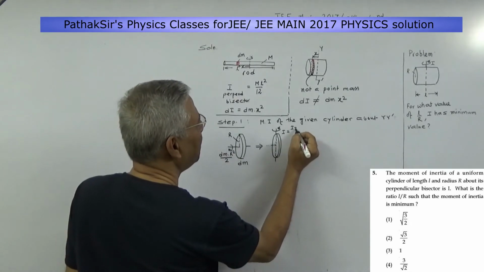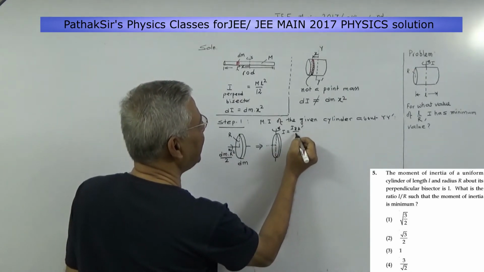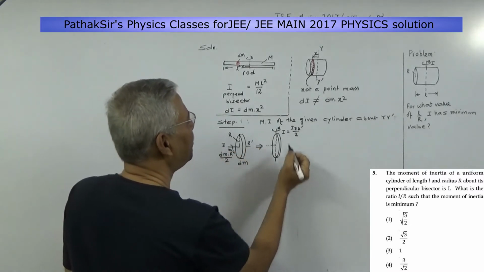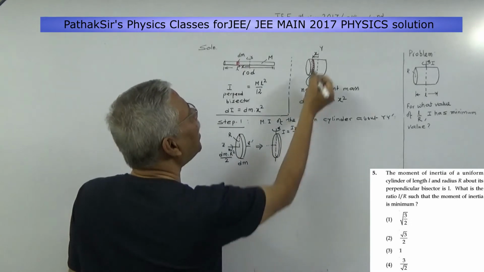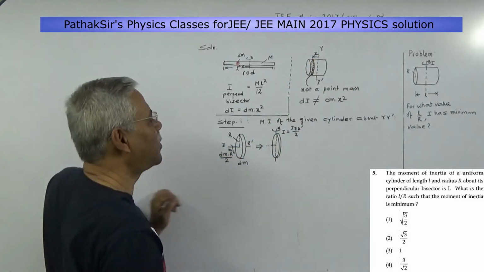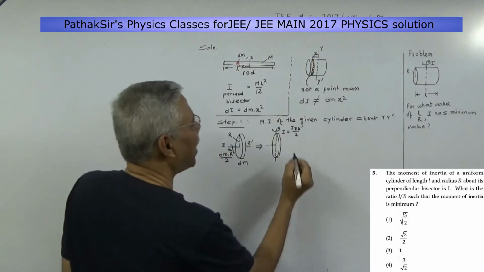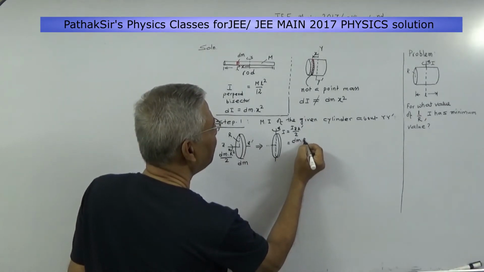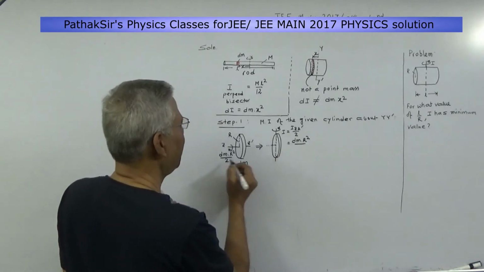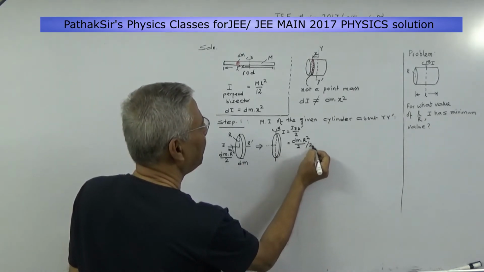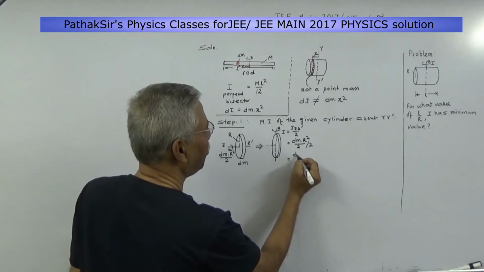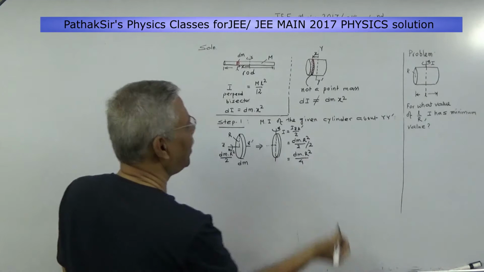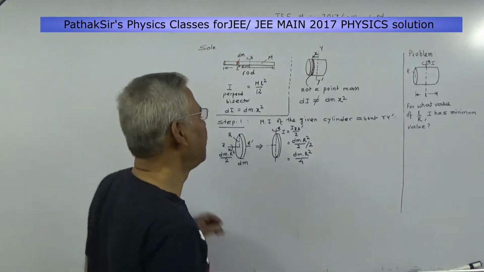If you take this to be ZZ dash, then about this axis, I_ZZ dash by 2 equals dm into r square by 2, which equals dm into r square by 4.